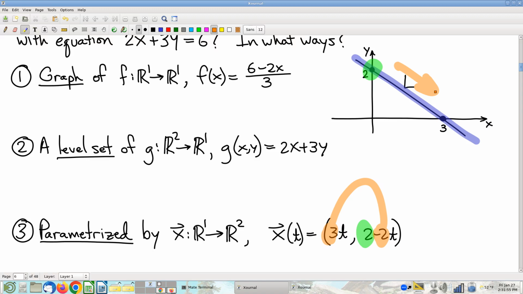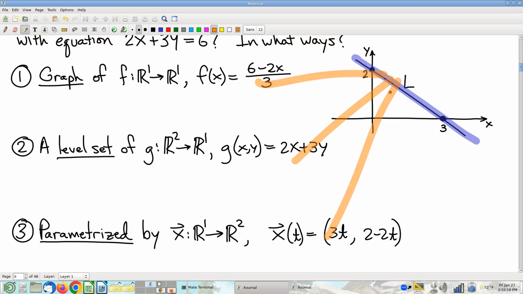So this picture is not a graph of this function. It's not a level set of this function. You might say that this is the image of this function, but typically what we say is that this is a parameterization of this line. But anyway, punchline, I've got 3 different functions that relate to the exact same line by way of these different constructions.